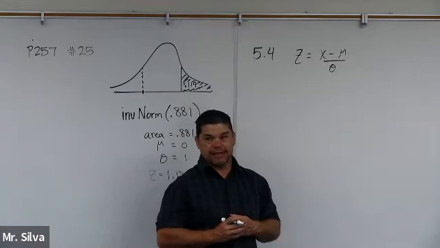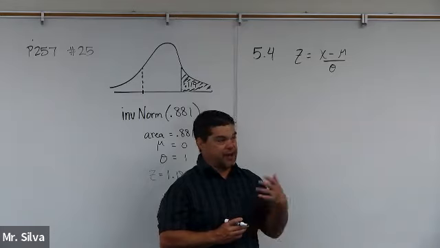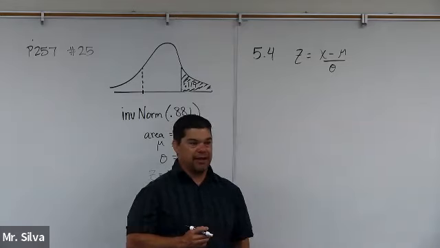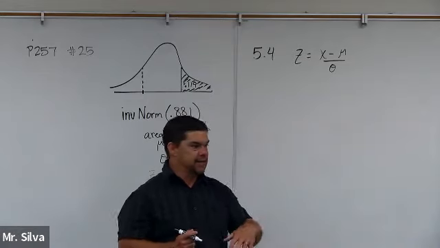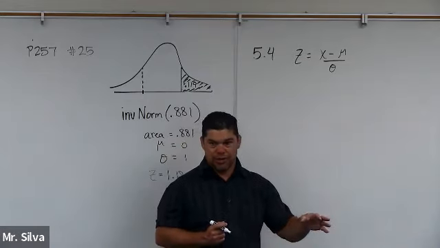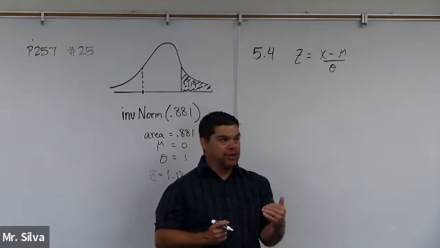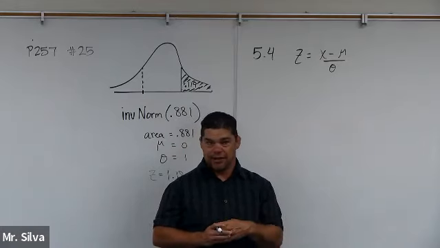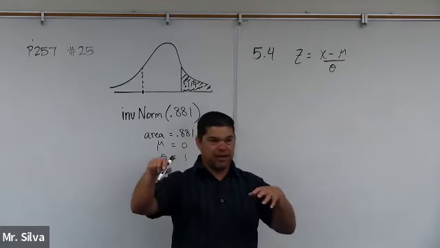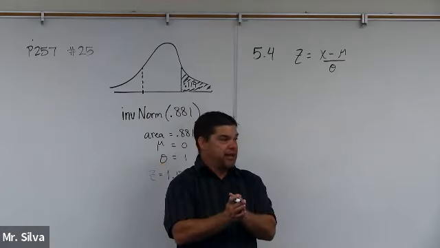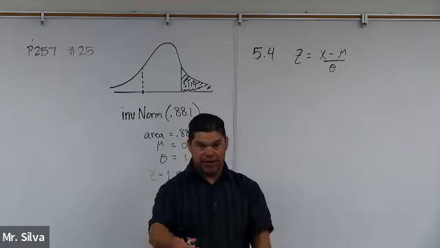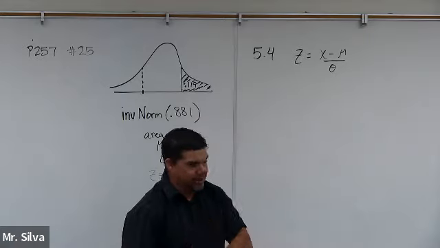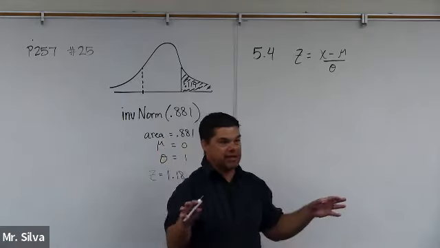But if I ask 30 students and I get their average GPA, I want to know if my statistics students have a higher GPA than the rest of the population of the school. I ask my 30 students in statistics, hey, what's your GPA? And I find the average GPA. I don't want to compare one individual score, like, hey, Tito, what's your GPA, and compare his score to everybody.